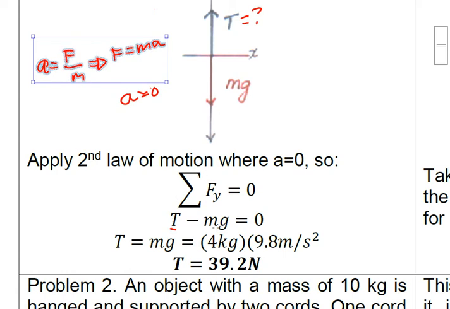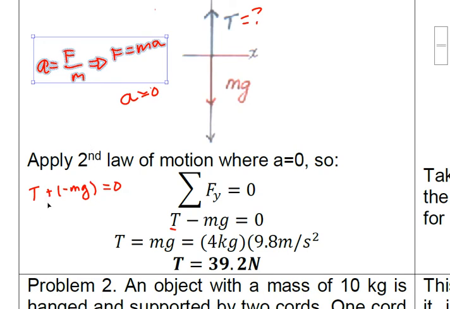Okay, and then you have your weight going downward. That is why it is negative. Basically, it should be written this way, because this is a summation, meaning you are going to add. So you have the tensional force, which is positive, plus the weight, which is going downward, meaning it should be negative, times g, equal to 0 because the system is non-accelerating.